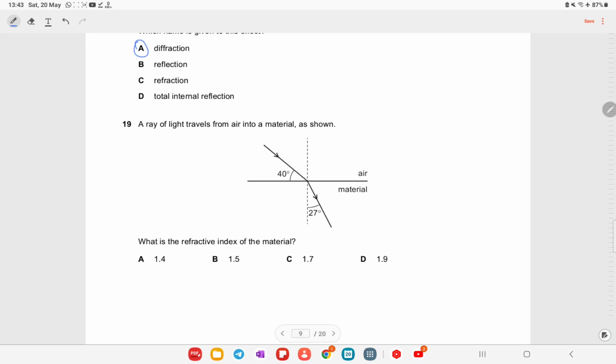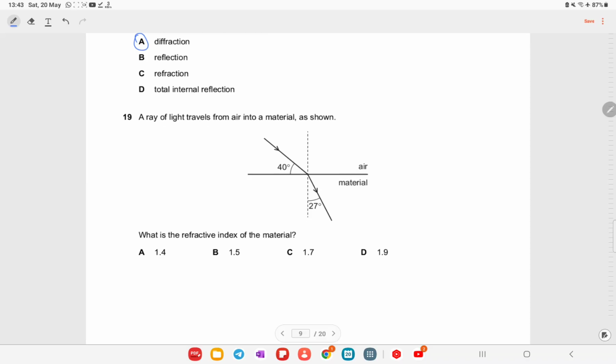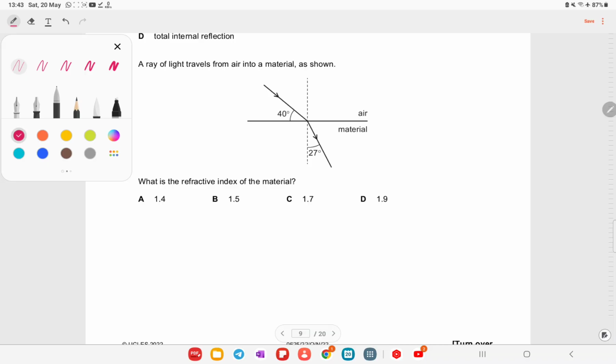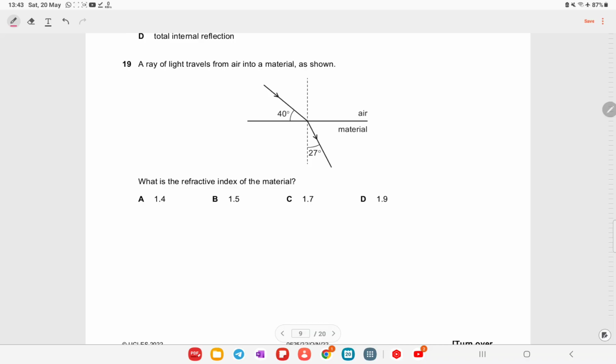A ray of light travels from air into a material as shown. What is the refractive index of the material? Now, first of all, most of the students make this type of mistake. So I'll draw it with the red pen. The incident ray and the normal, the angle between them is called the angle of incidence, and this is right.